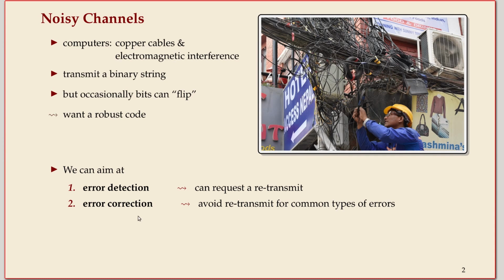But there are also use cases for error correction where we can avoid retransmitting. And that's obviously something you want to do if the communication is one way, if there's not at all any chance for the receiver to go back to the sender and say, please repeat that part. But it might also be just very costly to do so. And then we also want to avoid that.